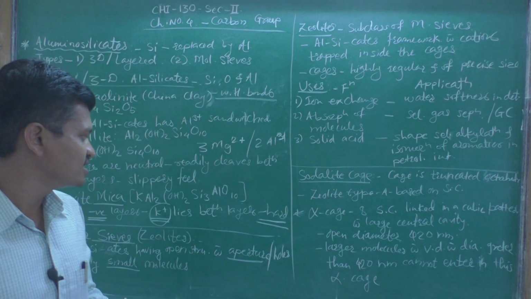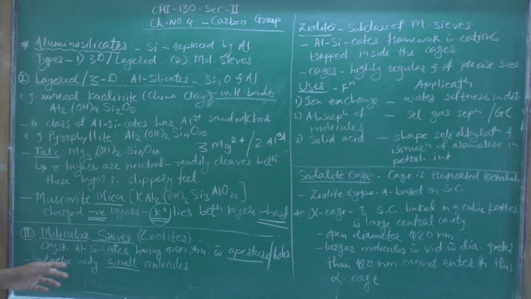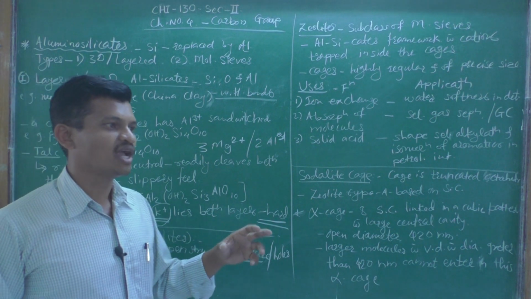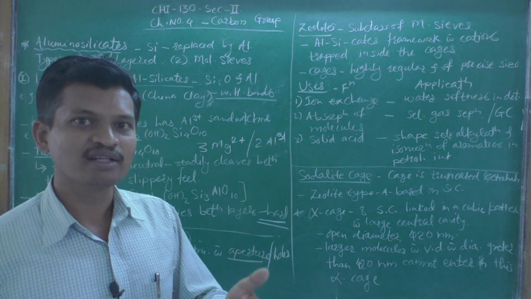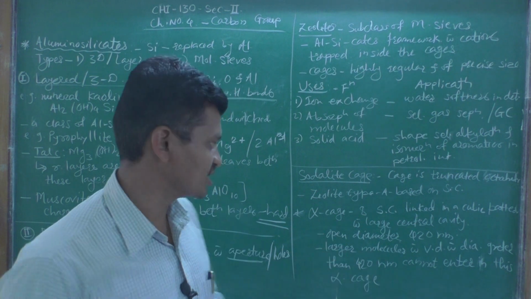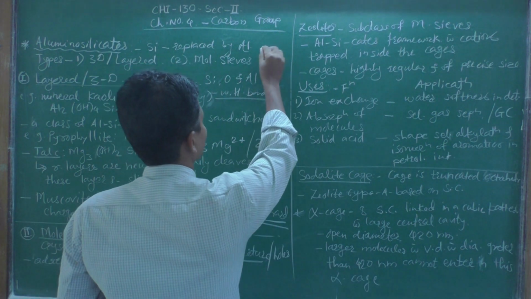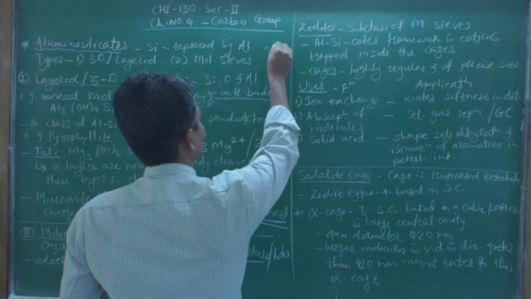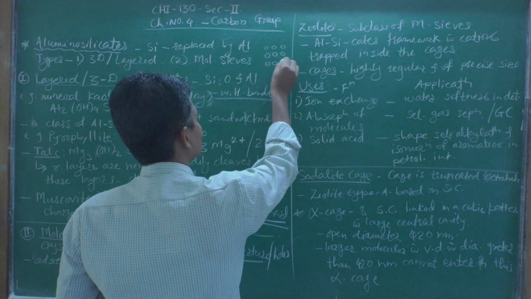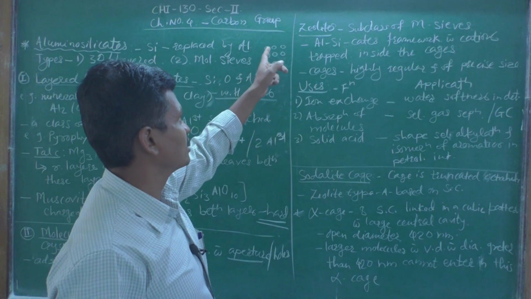Hence, these molecular sieves absorb only small molecules, which have dimensions smaller than the aperture. What does that mean?